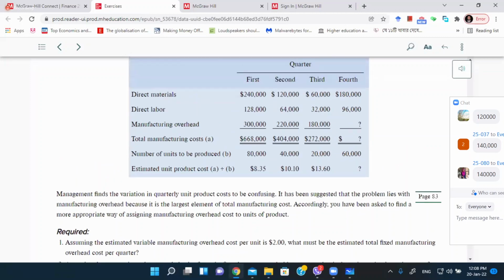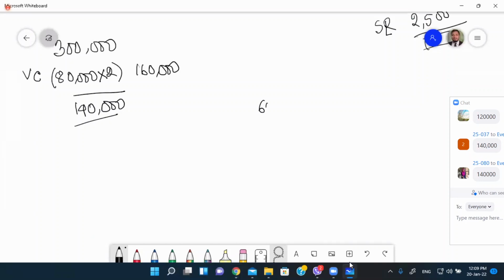So for the 4th quarter, for 60,000 units, if we multiply this by the $2 variable manufacturing overhead, we get 120,000. It is the variable portion of the manufacturing overhead for the 4th or final quarter.